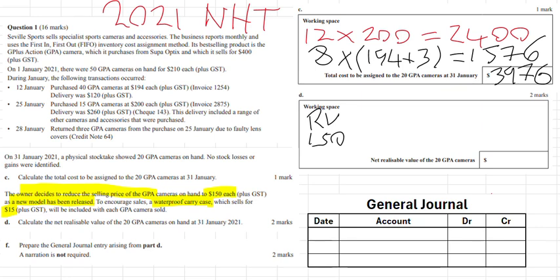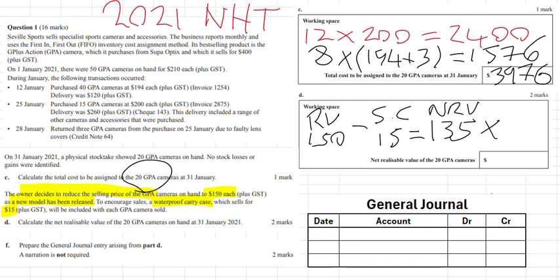So let's just see what that looks like. So we minus our SC, selling cost, equals 15. So that gives us an NRV, net realisable value, of 135. But we need to multiply that by each of those 20 units. So times 20 units equals 2,700.